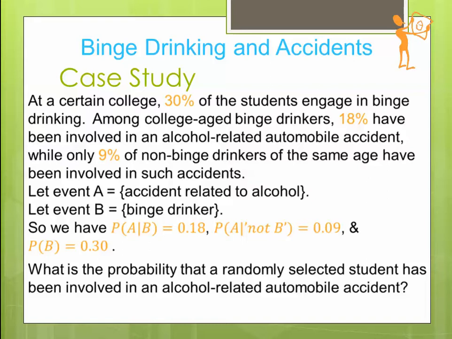So we're going to let A be an accident related to alcohol. A is that the person has been involved in an alcohol-related automobile accident. And event B is that somebody's a binge drinker.